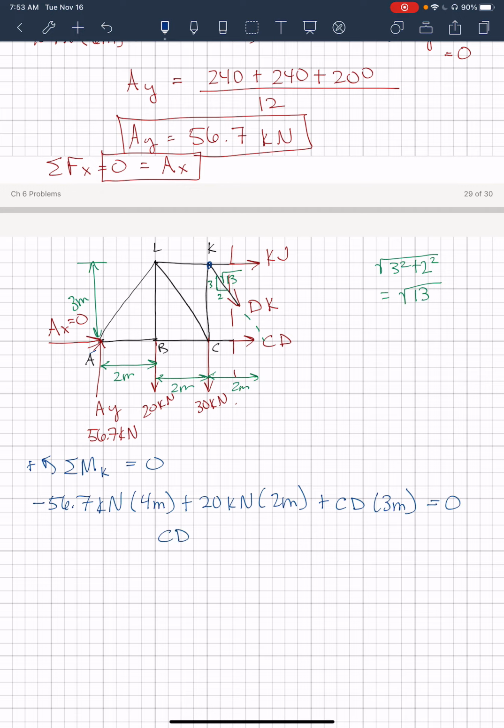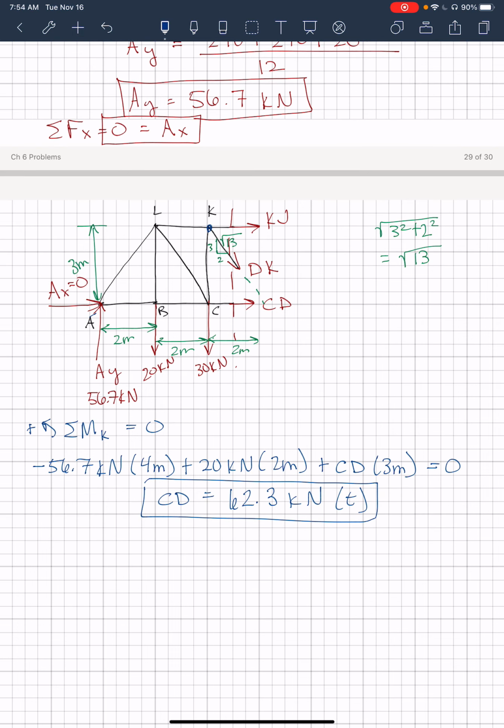So with this, we can solve for CD. We get CD equal to 62.3 kilonewtons. I got a positive number, so that means I guessed it right, so it is in tension. So that's one of them that we need.